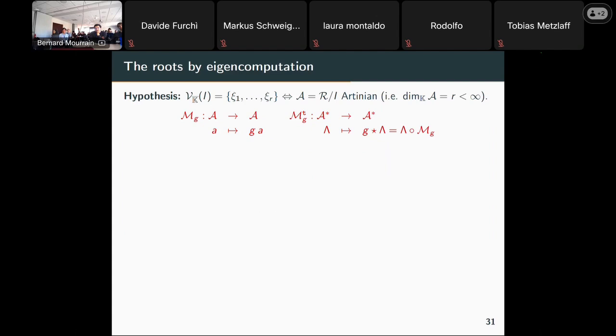This is called an Artinian algebra. So this algebra is supposed to be of finite dimension.